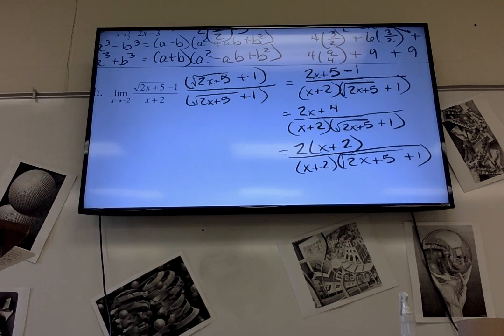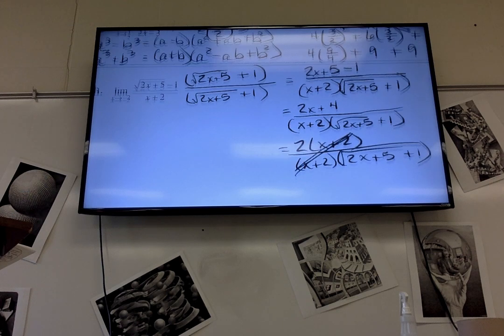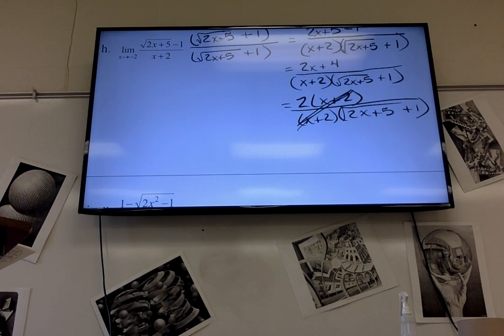Yeah, bottom's going to be funky, except there's something I can do right here. There's something the same on top and bottom. Just the x plus 2. That'll cancel. So that leaves us with 2 over the square root of 2x plus 5, and then plus 1.